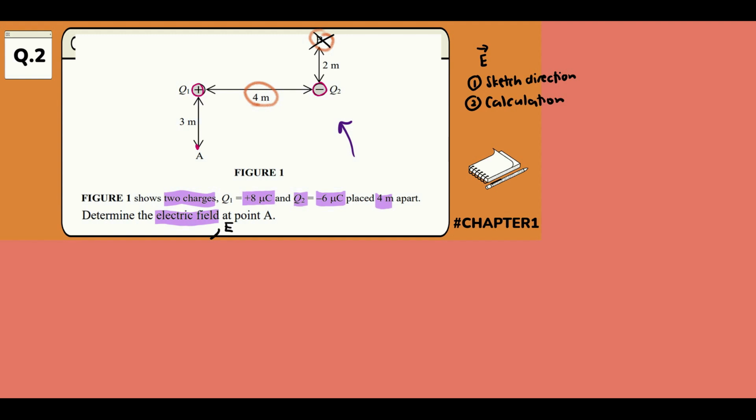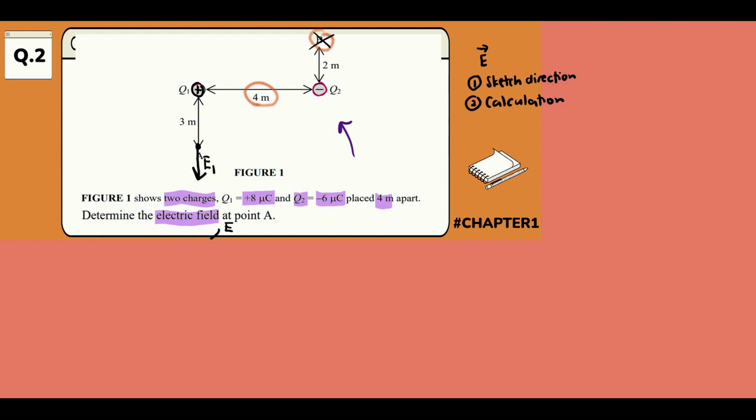Due to charge number 1, our electric field is supposed to be outward. So we need to start drawing from point A. It's supposed to be outward from the positive charge, and label your direction. This is your E1.